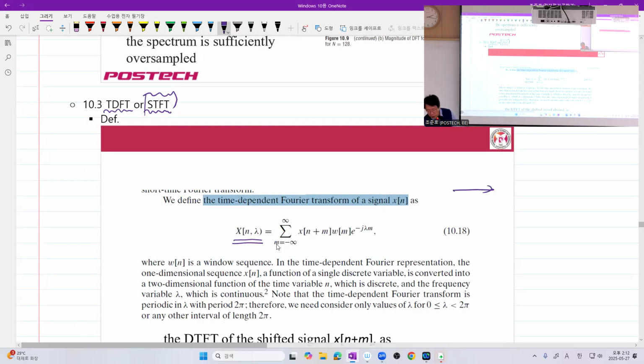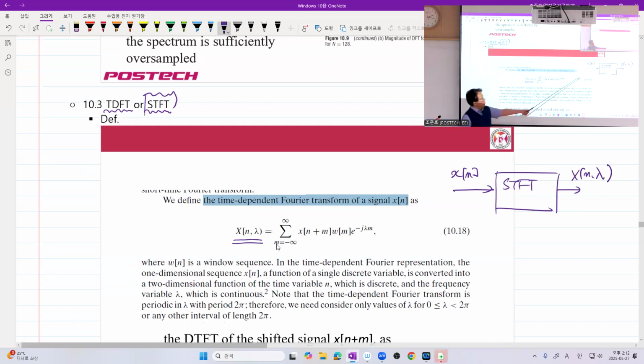So here goes the signal x, and here is the short-time Fourier transform. And then you have a function of two parameters. So this transformation converts a one-parameter function to a two-parameter function with some redundancy, depending on how you choose your window function.